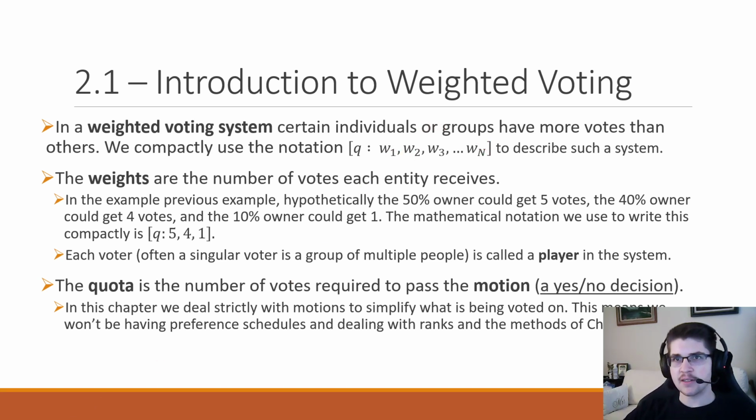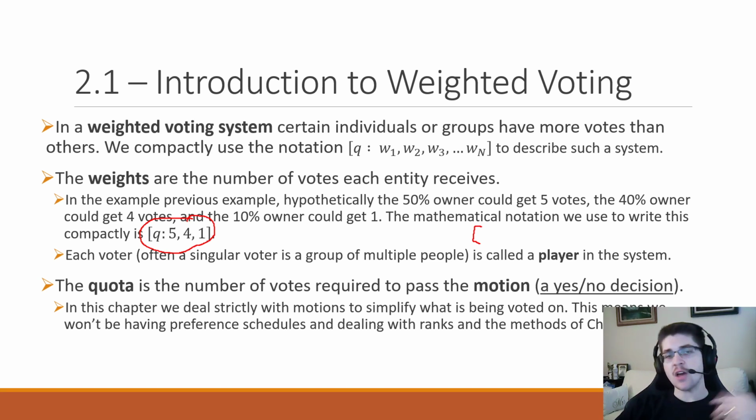In this particular example, I wrote it here. The first number is always called the quota, and I'll get to that in just a second. Each of the weights is listed after that. Looking at this bracketed group of numbers, I can read the critical information from the situation. Okay, I have 3 players, and I can see how many votes each player has.